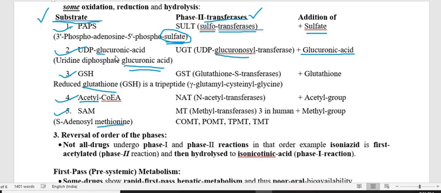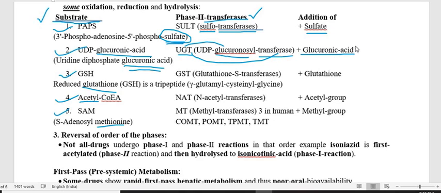This glucuronic acid attaches to the phase 1 drug or drug metabolites and forms the phase 2 compound of the drug, again with the help of a transferase enzyme. The name of the enzyme is UGT: U for UDP, G for glucuronosyl, and T for transferase.